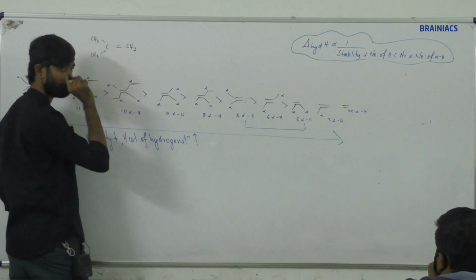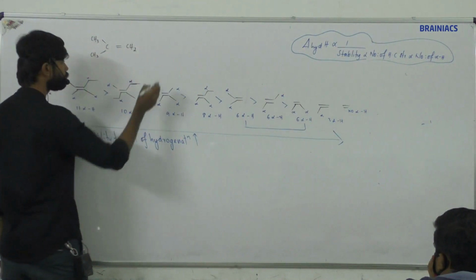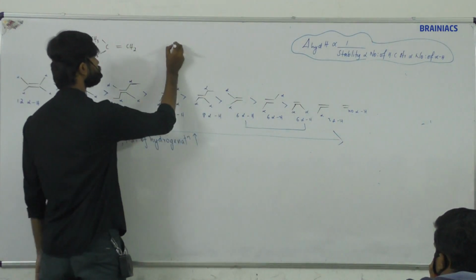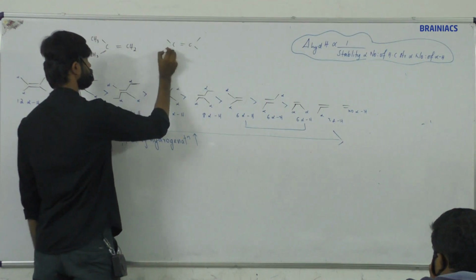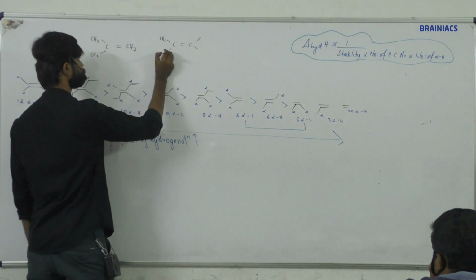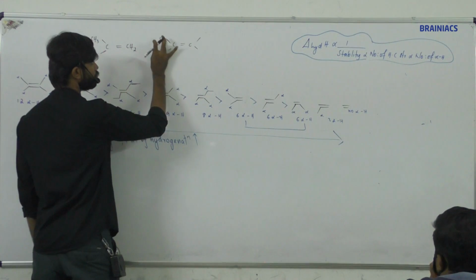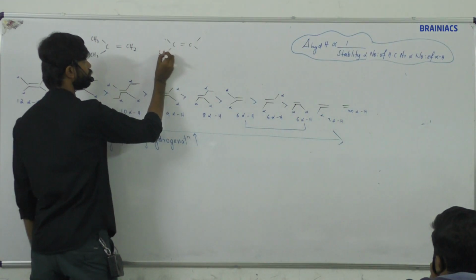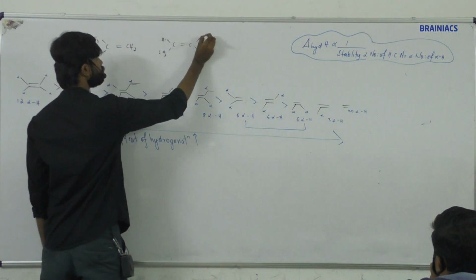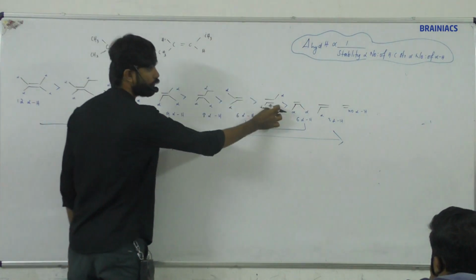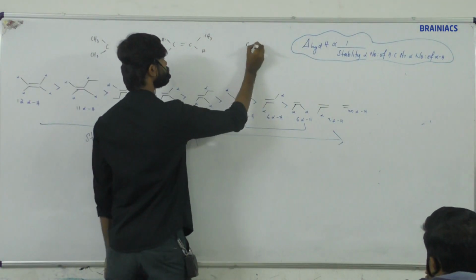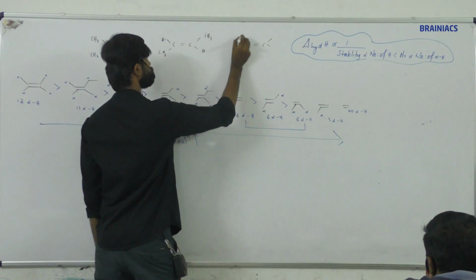Methyl propene, isobutene. Next is transbutene, right? Transbutene. The next is cisbutene.